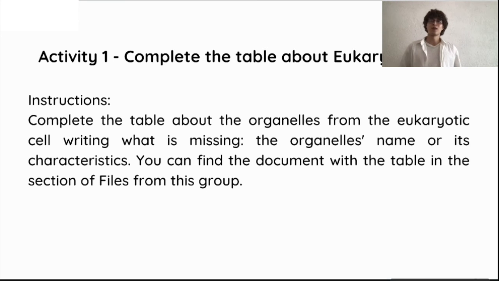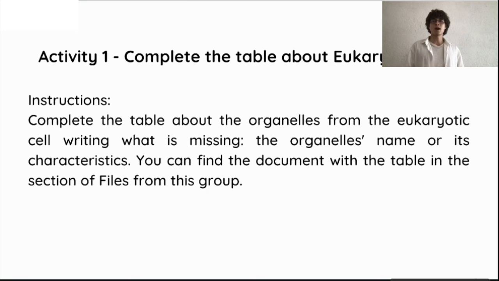So, now, guys, that you have learned a lot about eukaryotic and prokaryotic cells, let's do an activity, okay? In the files section, you will find a document with a table. In this table, you are going to complete what is missing inside the boxes. This table talks about the organelles from the eukaryotic cell.